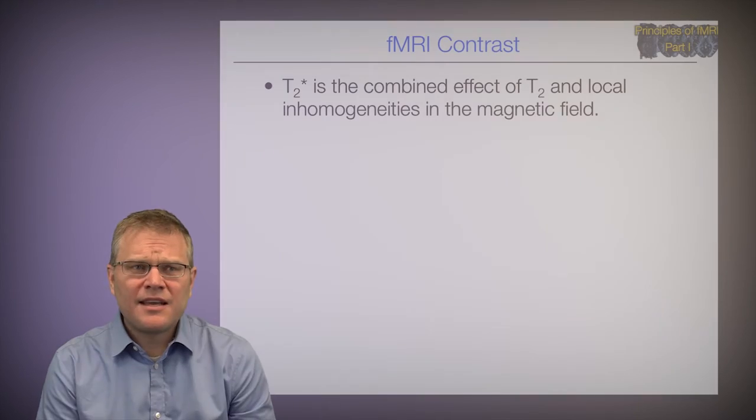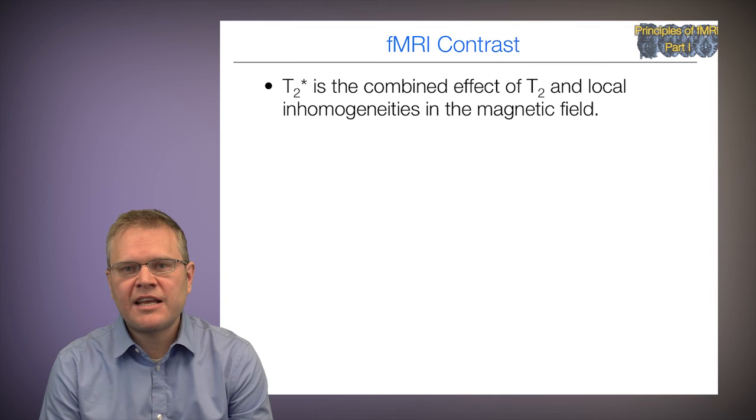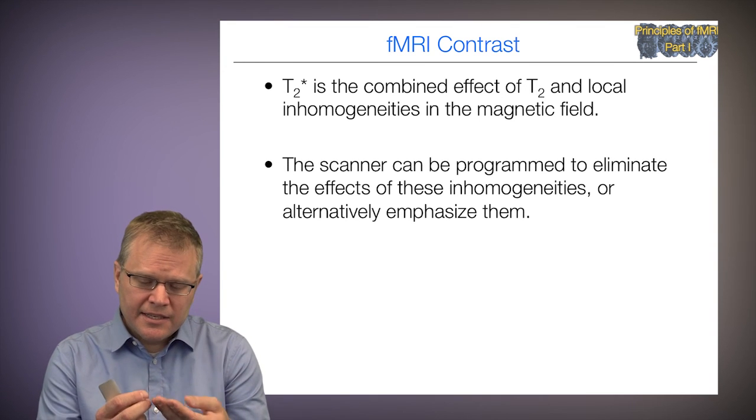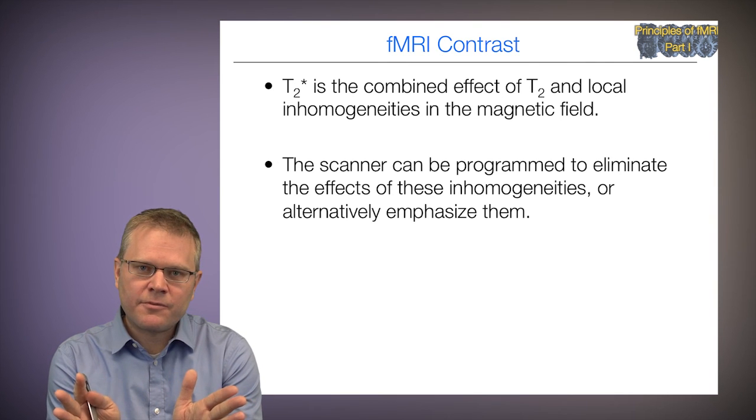There's one other contrast that we need for fMRI, and that's something called T2 star. And T2 star is the combined effect of T2 and local inhomogeneities in the magnetic field. So what happens is that T2 is the dephasing of the protons from each other.